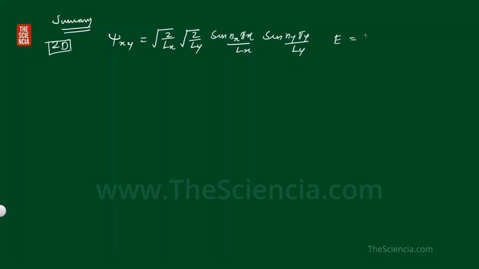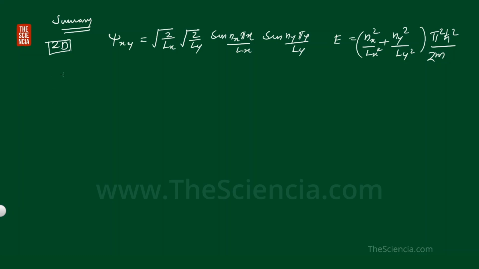For a 2D box, the wave function psi(x,y) is equal to root 2 by Lx into root 2 by Ly into sine(nx pi x by Lx) and sine(ny pi y by Ly), and the energy E equals (nx square by Lx square plus ny square by Ly square) into pi square h bar square by 2m.